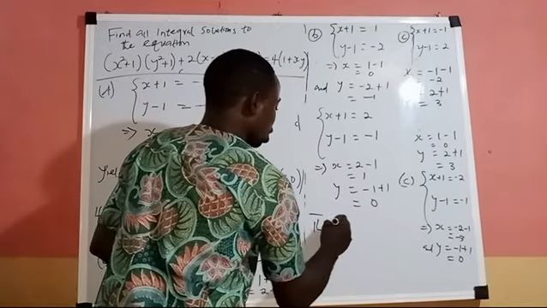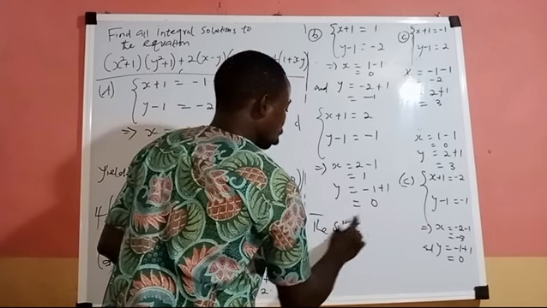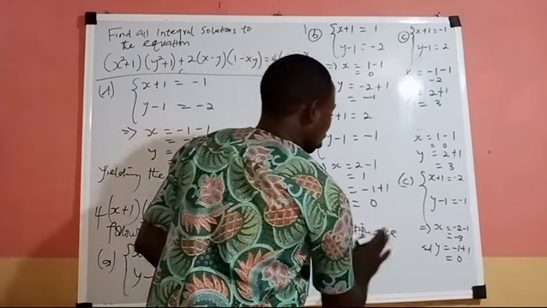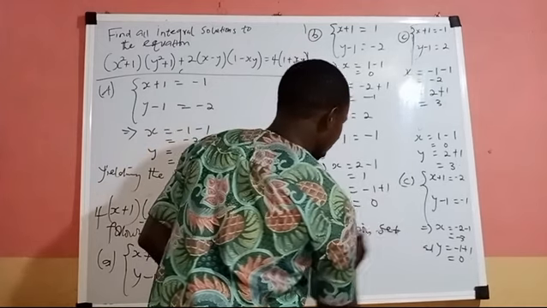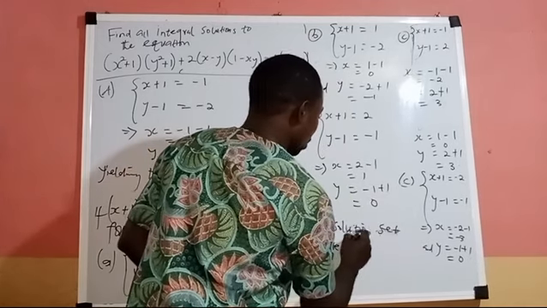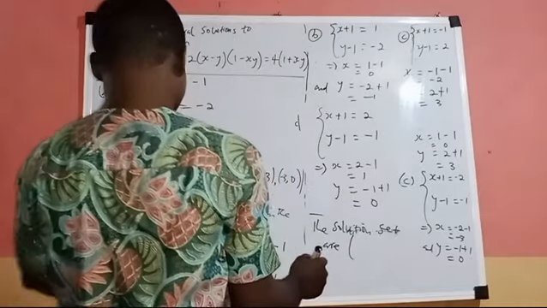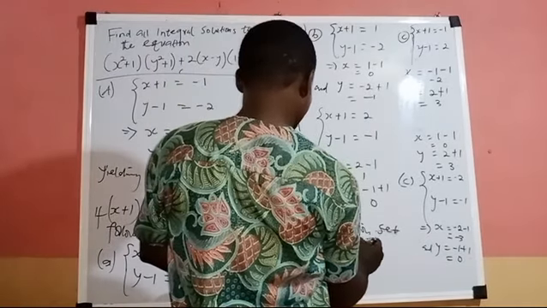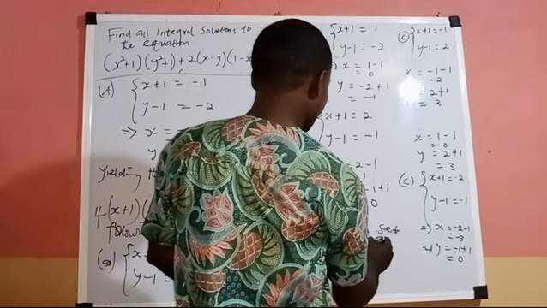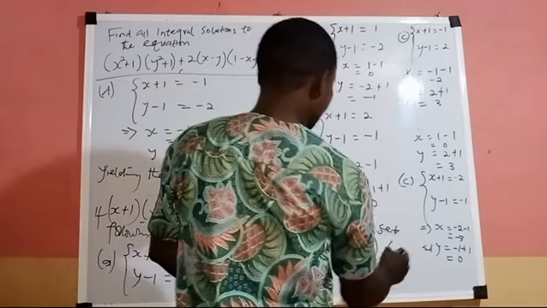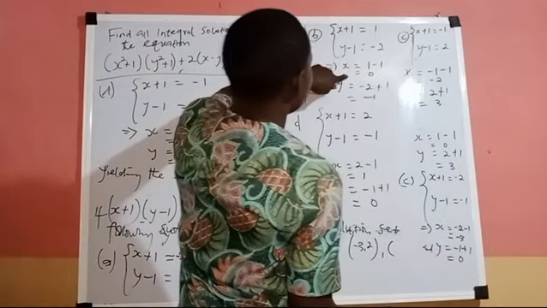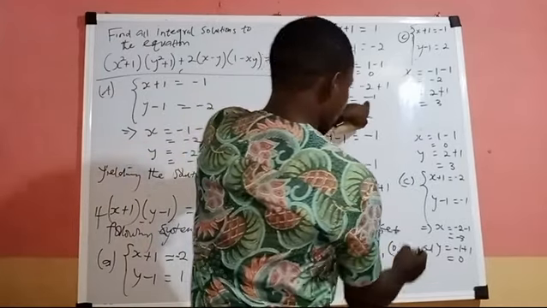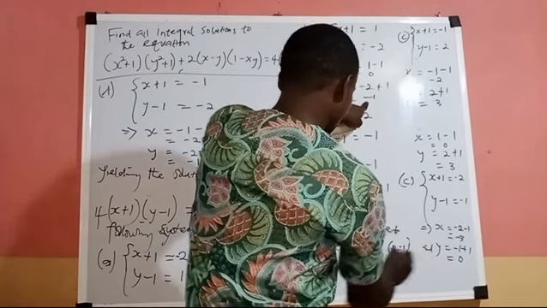So this is what we have, and then the solution sets are, okay, for the first case, we have that our x is equal to -3 and our y is equal to 2. Then the second one, we have that our x is equal to 0 and our y is equal to -1.